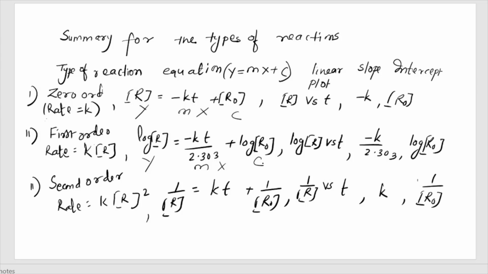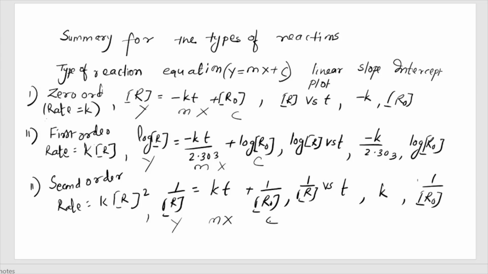What is the y value? This is the y, this is the mx, and this is the c. Then 1 by r versus time gives k as the slope, and the intercept is 1 by r0. What is r0? It has the molar sign. This is the initial concentration of the reactant.